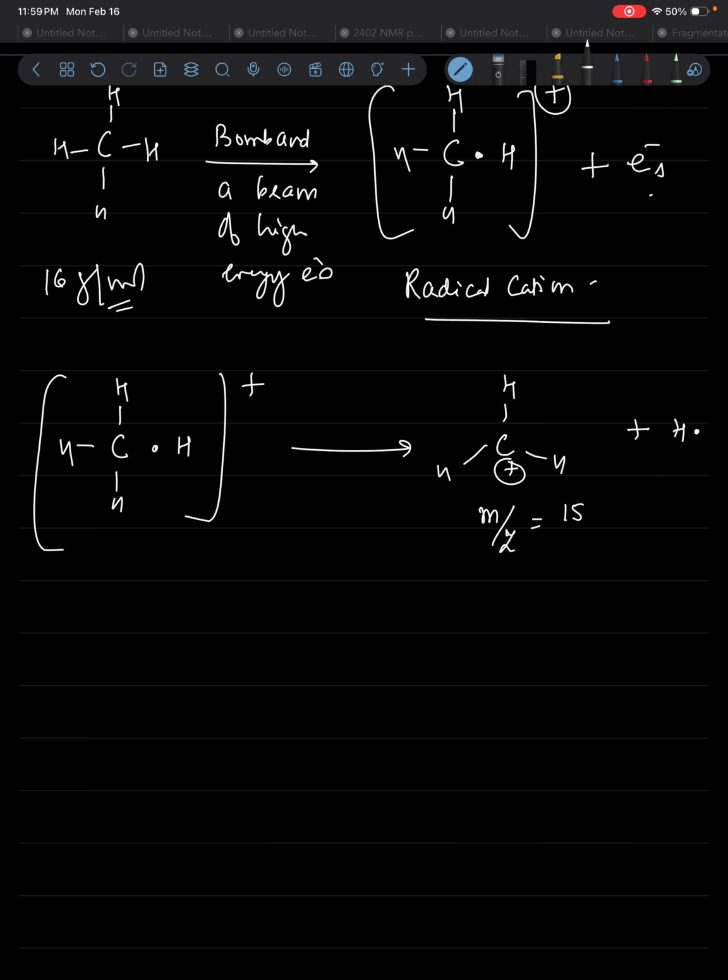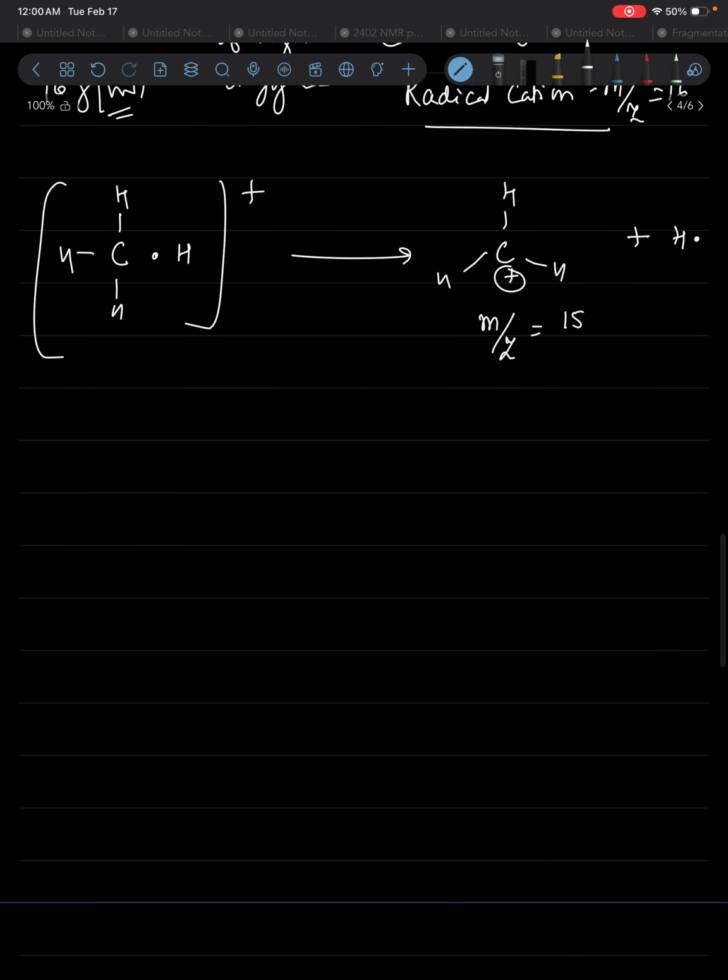The mass to charge ratio for the radical cation was 16. This can further undergo fragmentation to give us CH2 positive, and the mass to charge ratio for that would be 14, right?